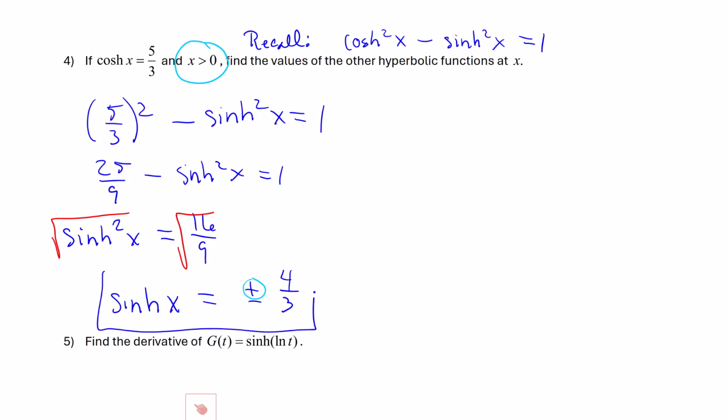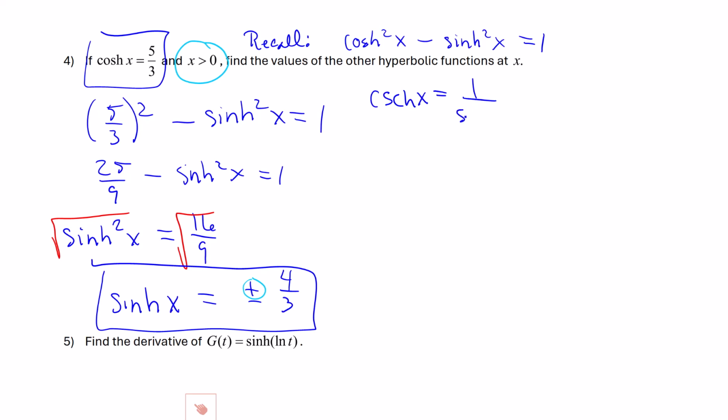Remember, we're trying to find all these hyperbolic functions, that being one of them. Of course, only the positive version is the one we're using there. We were given cosh, so there's no need to find that. But we want all the rest. So let's carefully walk through these using the definitions above. For example, we also know that the cosecant hyperbolic of x would be 1 over sine hyperbolic of x, 1 over sinh, which we already found.